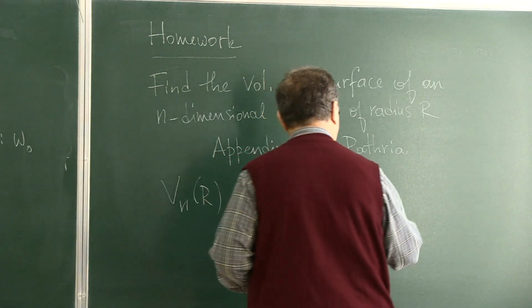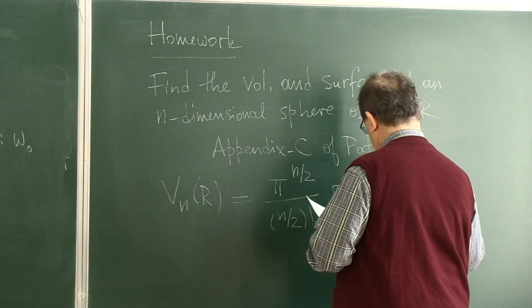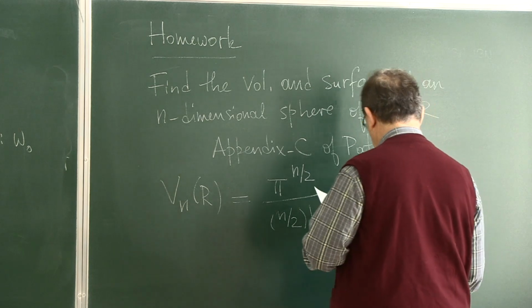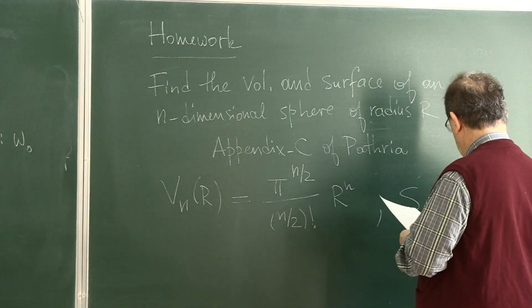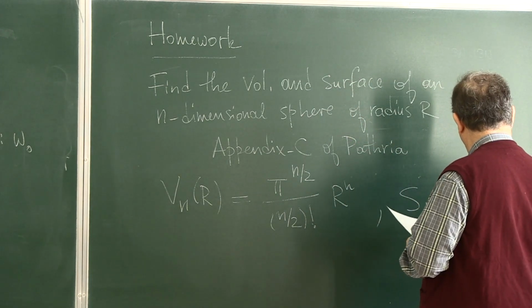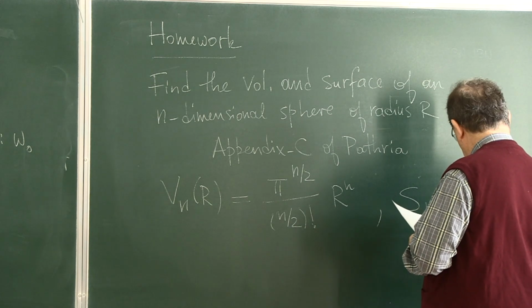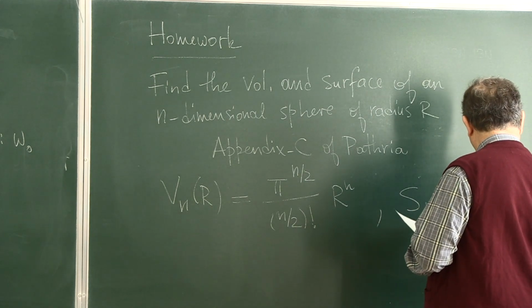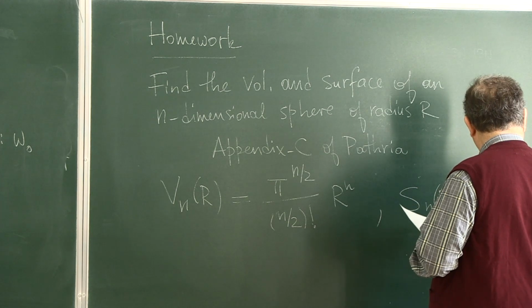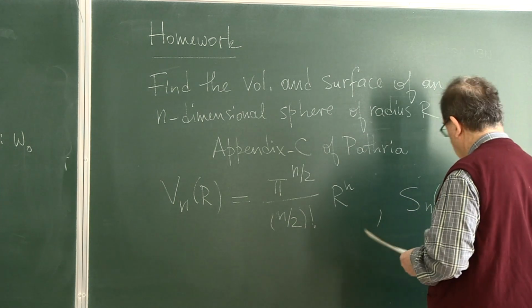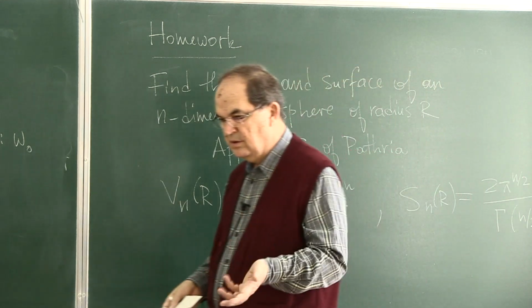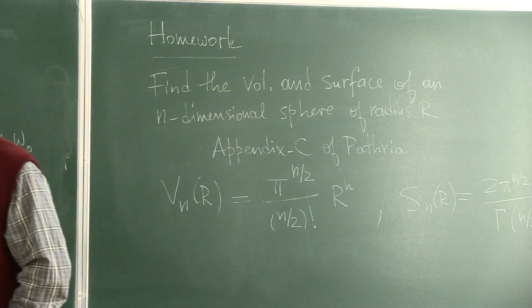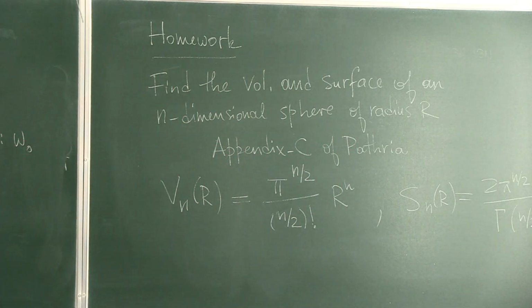And the surface of the sphere is 2 pi to the n over 2, over gamma n over 2, times r to the n minus 1. In 3 dimensions, you know that it's 4 pi r squared, isn't it?